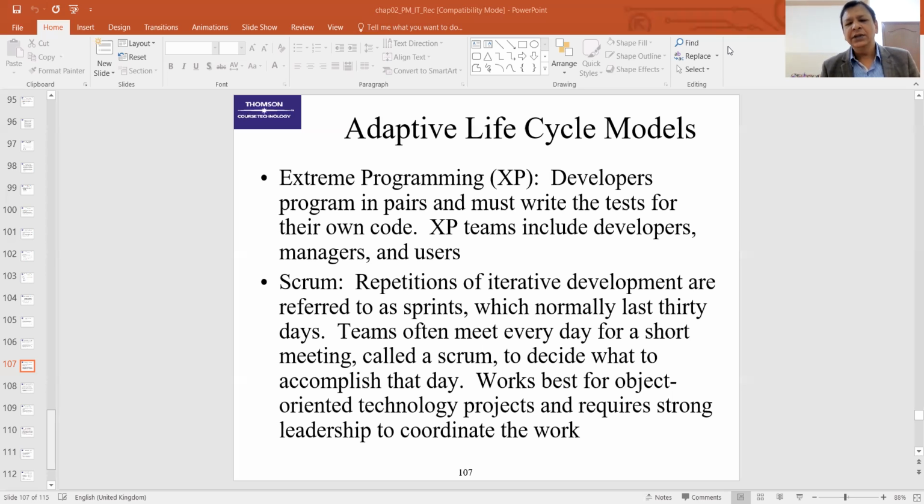Then he will ask the team to review or approve the release before delivery to the customer. So the Scrum team, Scrum Master, and product owner are the 3 main participants of the Scrum methodology.